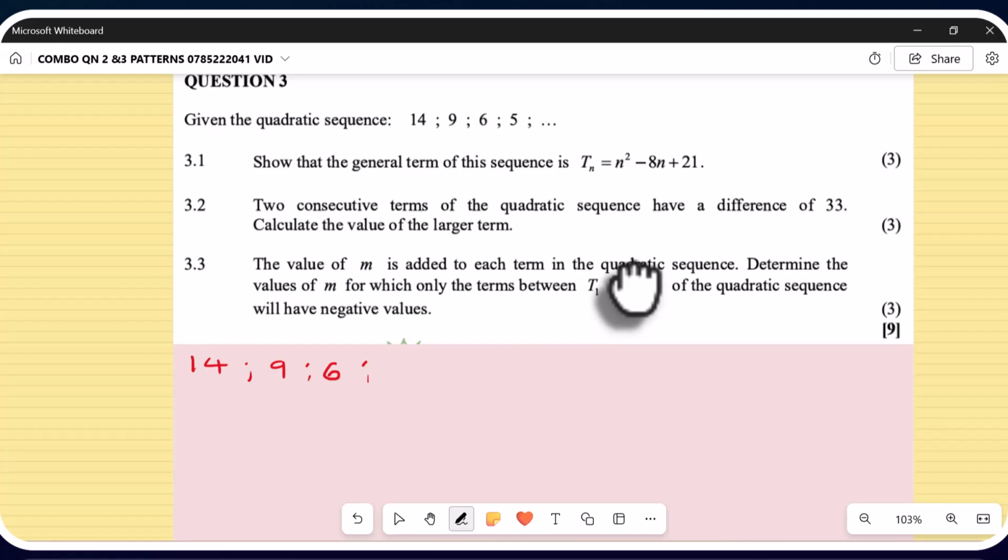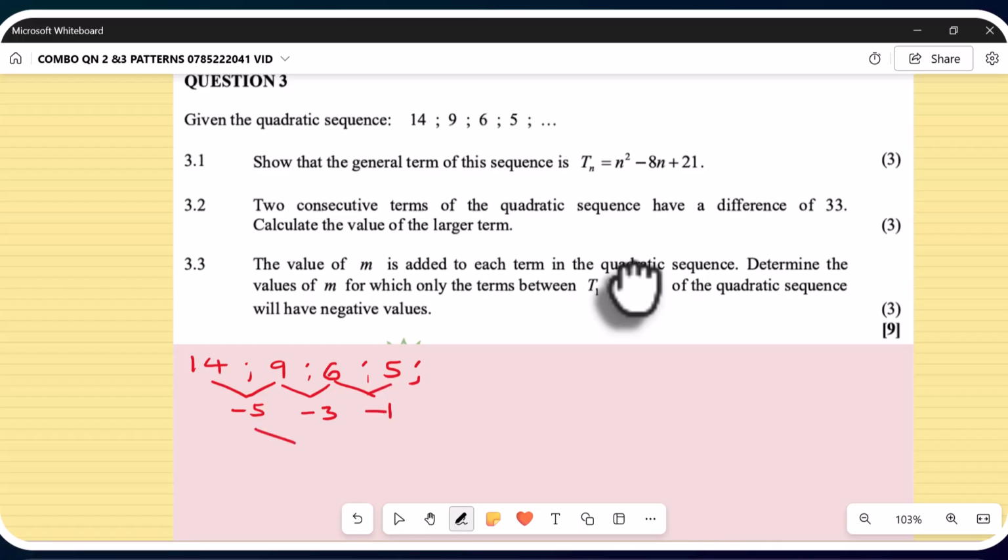Now, note that after getting your tn, there is a relation between the small tn and the capital Tn. The tn minus 1 is the same as subtracting the capital Tn minus Tn minus 1.